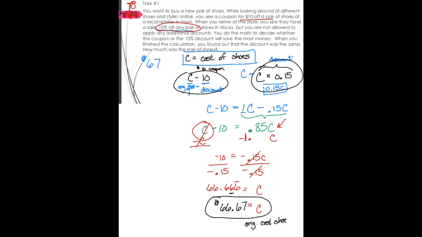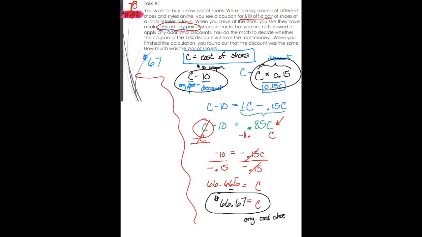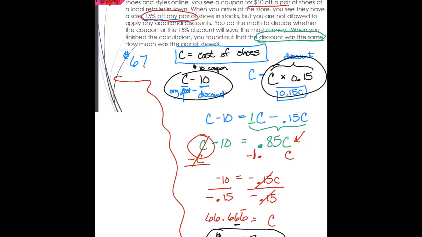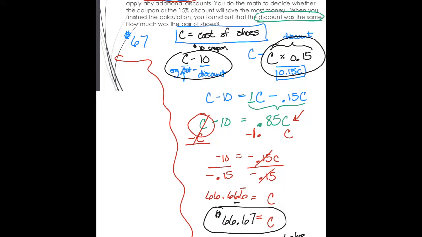Here's another way to do it. I don't think anybody thought about this. What does it say when you finish the calculation? You find out, and this is kind of cool, the discount was the same. So the discounts themselves should be the same. So I could have said the $10 off, discounts are the same.